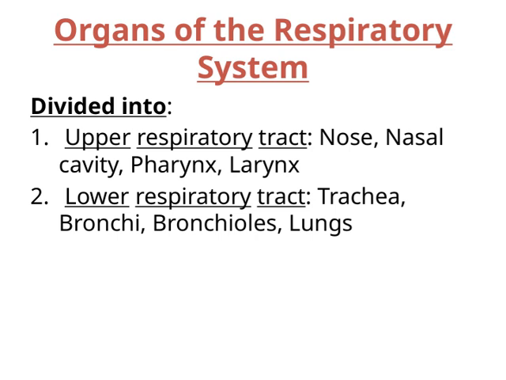Moving on to the lower respiratory tract, we have the trachea, bronchi, bronchioles, and lungs. These components are responsible for the actual exchange of gases, oxygen entering the blood and carbon dioxide being expelled. The trachea acts as a main airway, splitting into bronchi that lead into each lung, then further dividing into smaller bronchioles, which distribute air throughout the lung tissue.